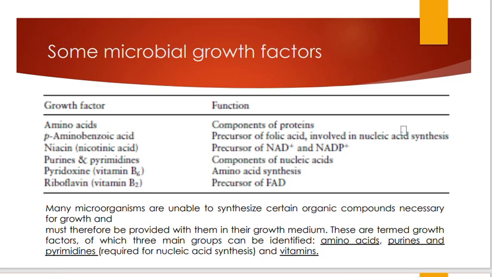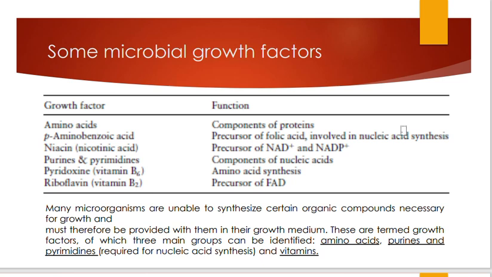Okay, then we have purines and pyrimidines, which are components of nucleic acids. And we also have pyridoxine or vitamin B6 that is used for amino acid synthesis, as well as riboflavin or vitamin B2, which is a precursor for your FAD.